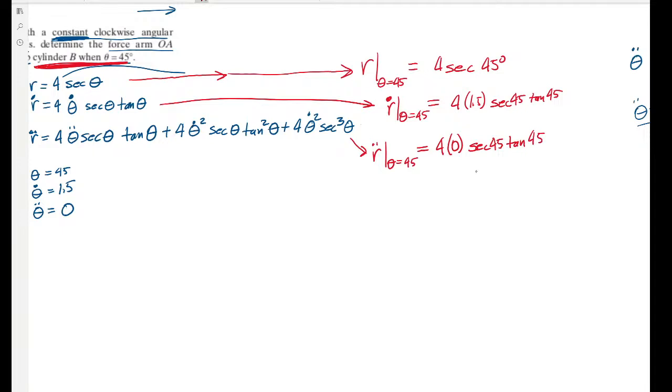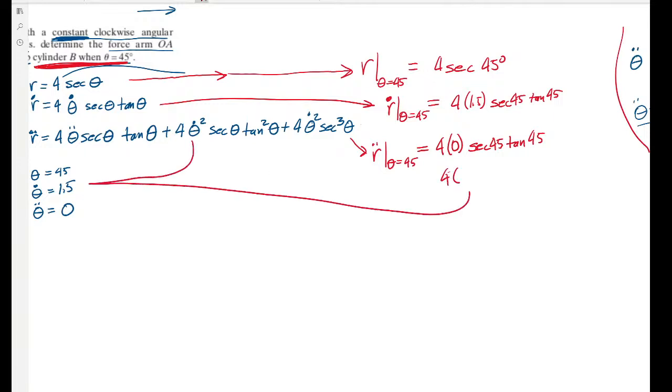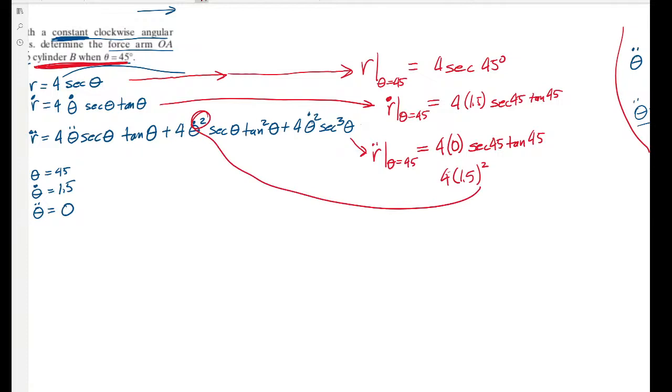I'm going to write down underneath here because I've got this stuff over here. 4 times theta dot, that's 1.5, and it's squared because you see the square right there.